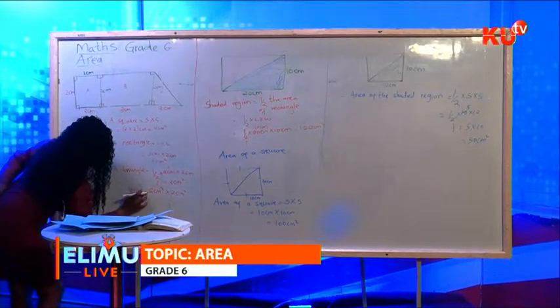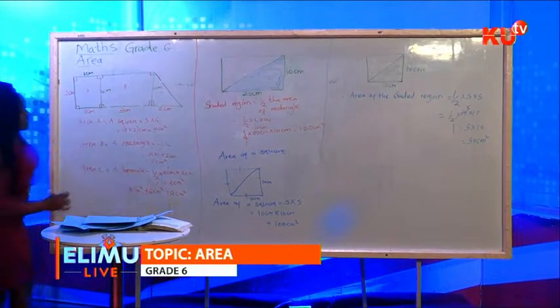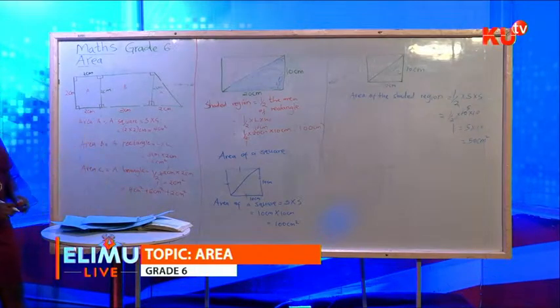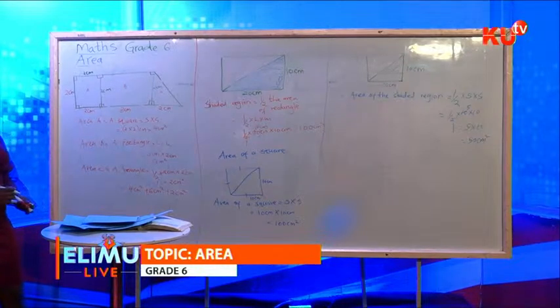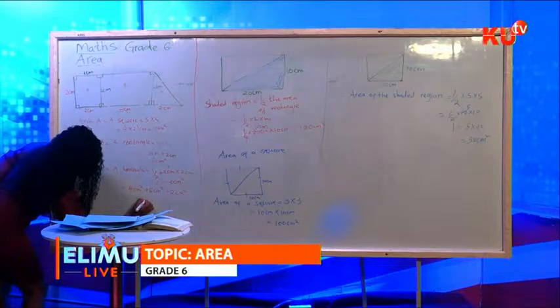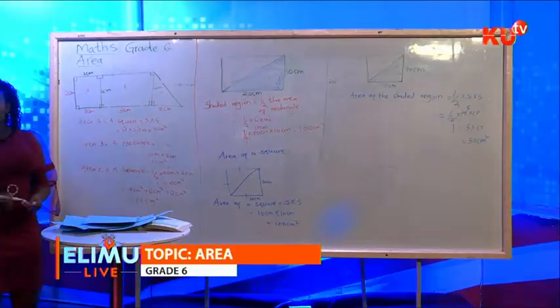We need to add the 3 of them, which is 4 centimeter squared plus 6 centimeter squared plus 2 centimeter squared. Learners, what is the answer? The answer is 12 centimeter squared. Are we together, learners?